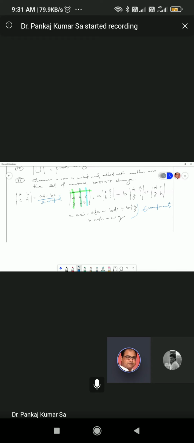So when this is 4 cross 4, the same thing you start doing, but then there are 4 elements along the first row. So 4 times, first row, first element will be having a 3 cross 3 matrix, determinant of 3 cross 3. That will be evaluated by another 3 number of 2 cross 2 matrices.